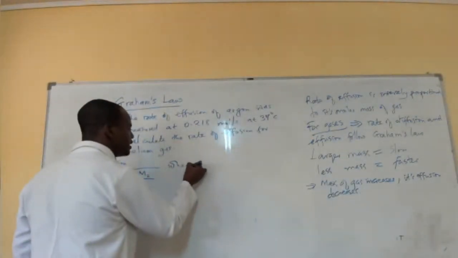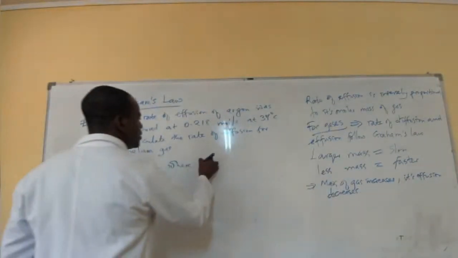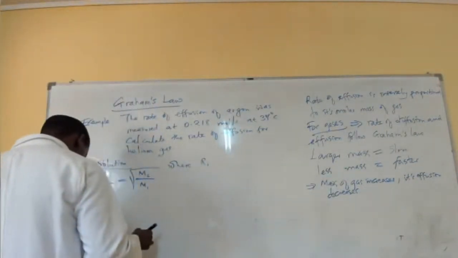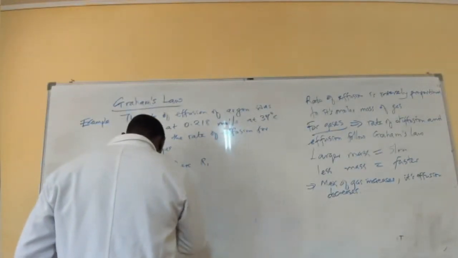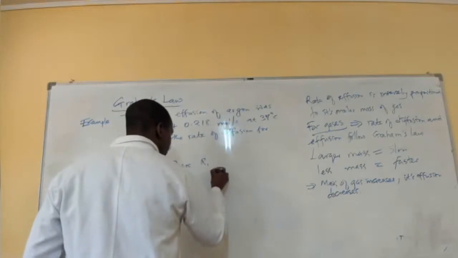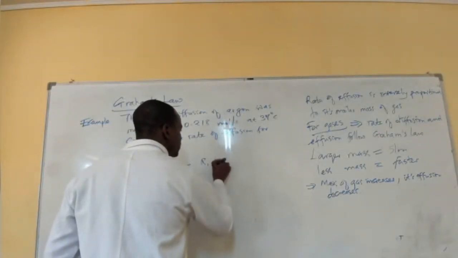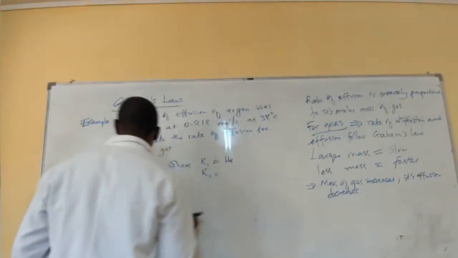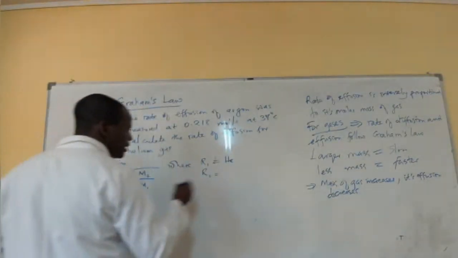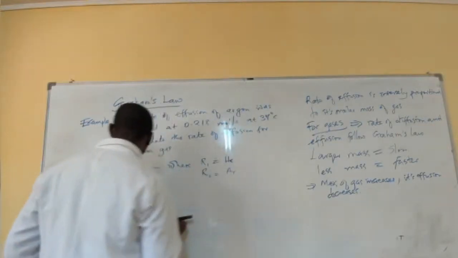Now here let us say R1 will be the rate of helium. Let's put R1 to be helium and R2 to be argon.